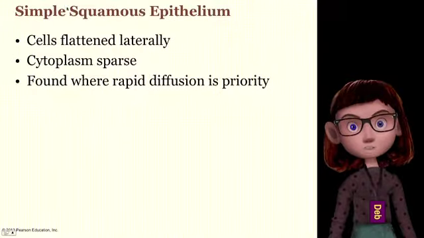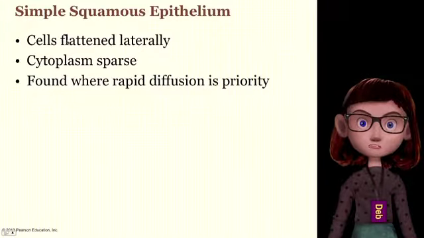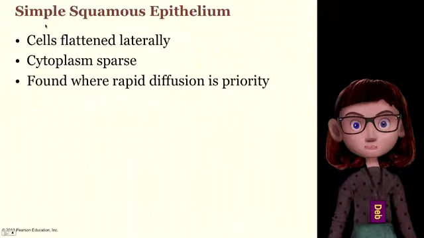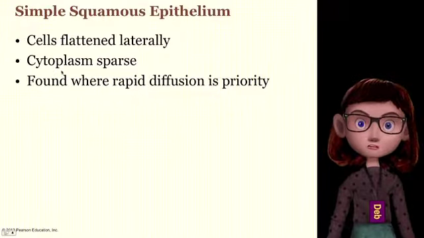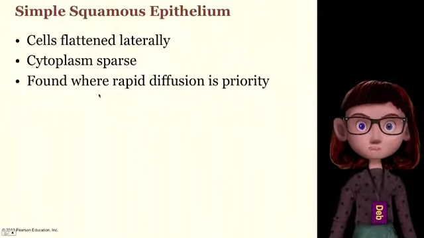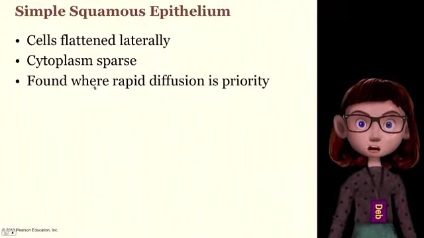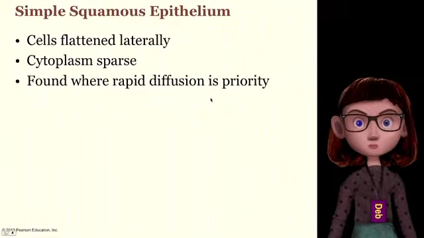Now let's put the terms together. Simple squamous epithelium: it's one layer thick, and the cells are flattened laterally. The cytoplasm in those cells is sparse, and functionally, these kinds of cells are going to be found where rapid diffusion is a priority.